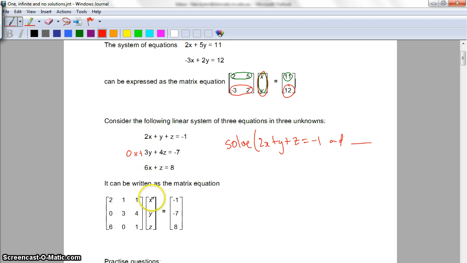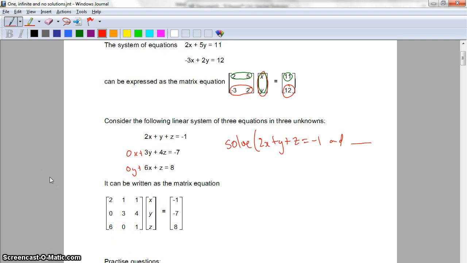Therefore 0 times x plus 3 times y plus 4 times z equals negative 7. This next one doesn't have a y, so I'll have 0y in there. So 6 times x plus 0 times y plus 1 times z equals 8. So this matrix equation is now a representation of that system of linear equations. And at this point I might show you how to solve this on your calculator.